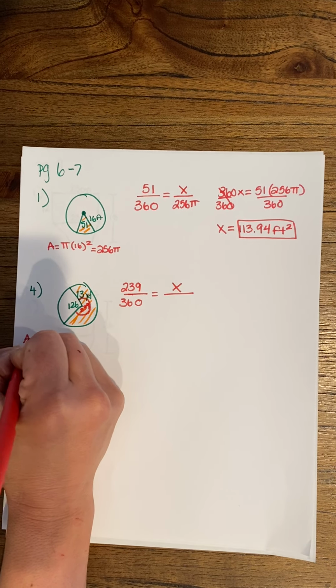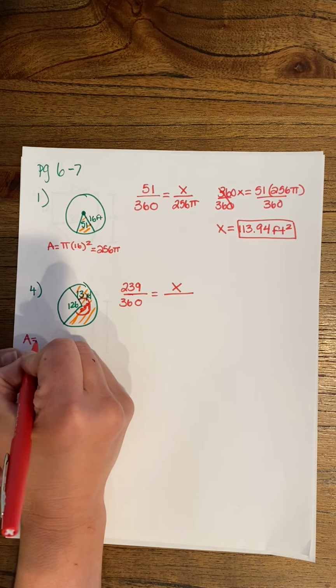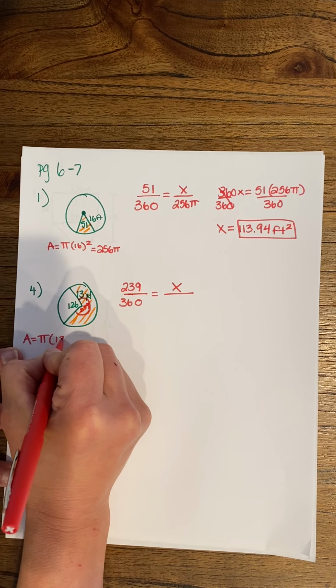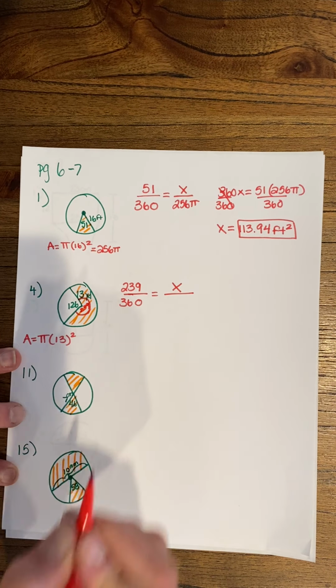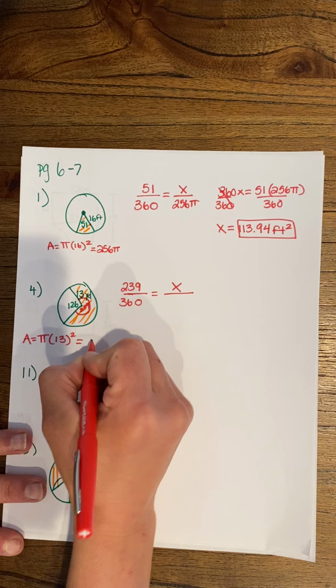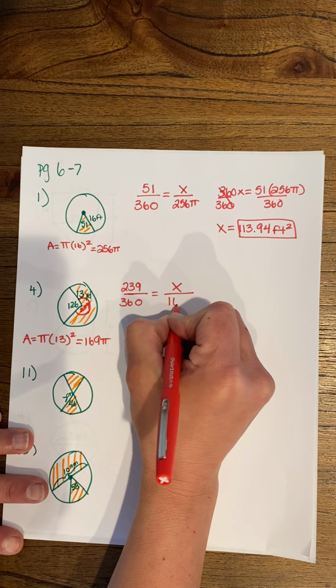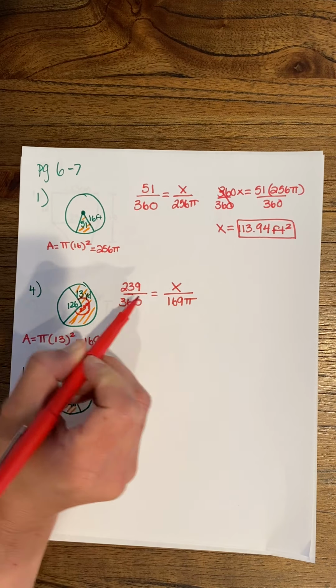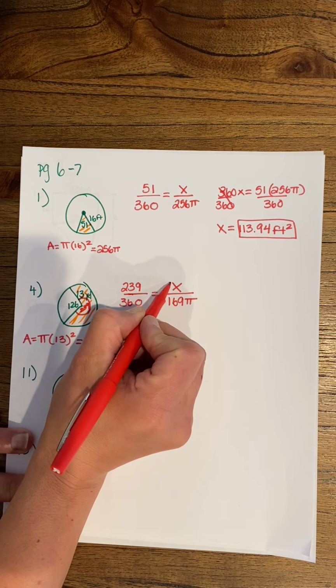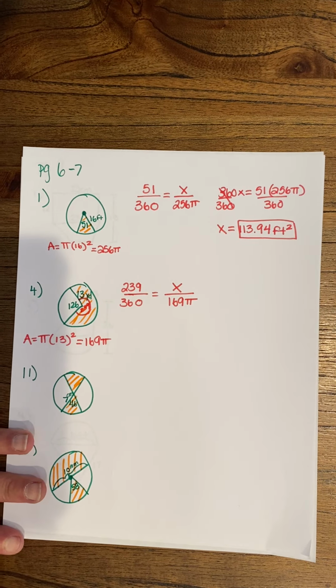Over here on the side, I'm just going to find the total area. So this is going to be pi times 13 squared, okay? And so this is 169 pi. And then I'm just going to put that in here. So once again, I have a part angle to a whole angle, a part area to a total area.